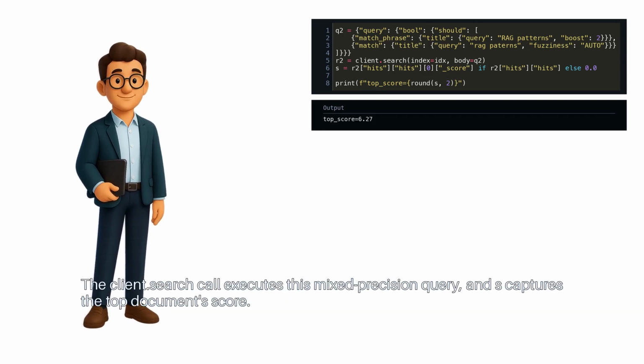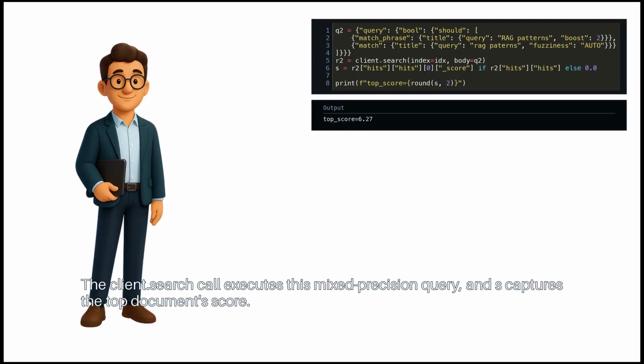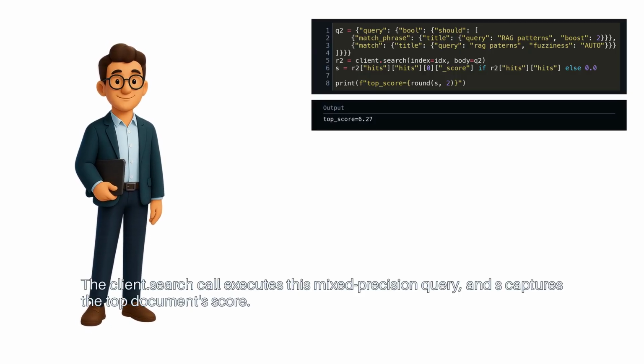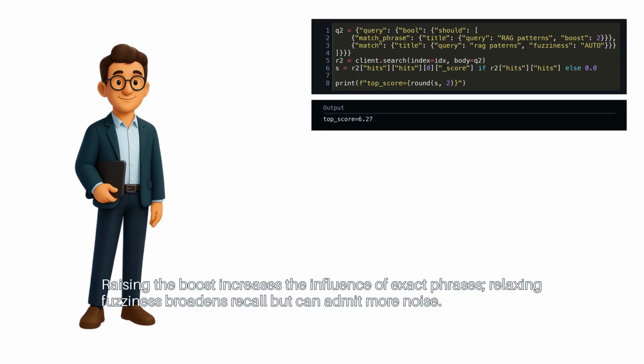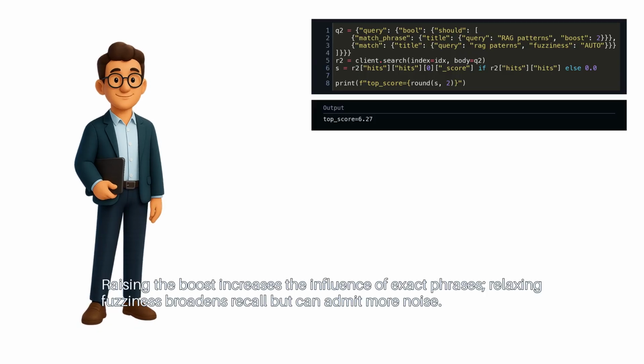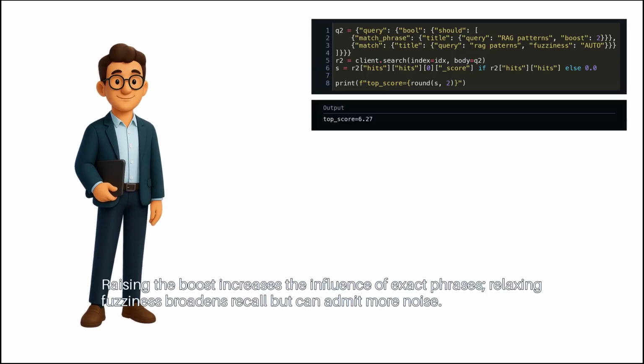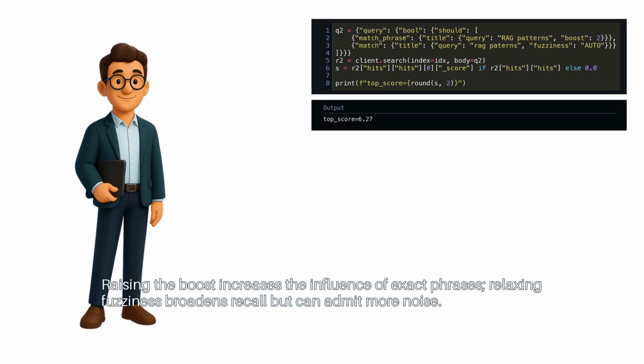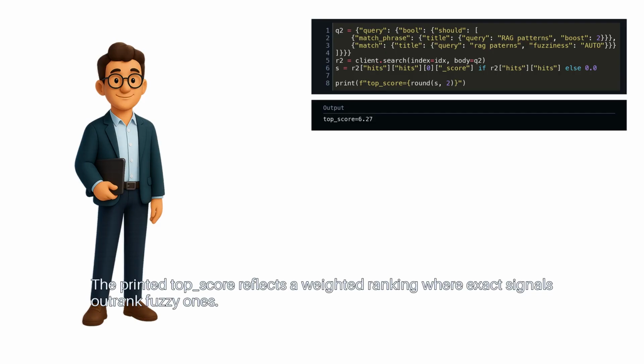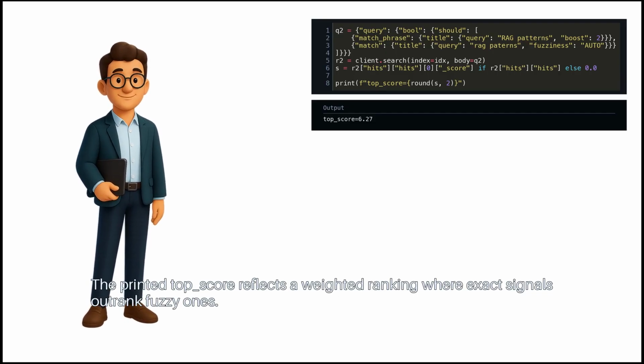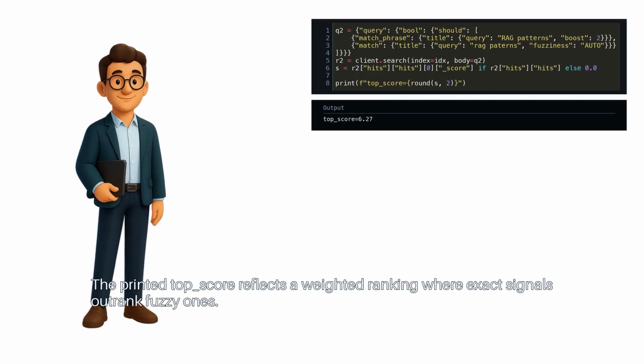The client.search call executes this mixed precision query and S captures the top document score. Raising the boost increases the influence of exact phrases. Relaxing fuzziness broadens recall but can admit more noise. The printed top score reflects a weighted ranking where exact signals outrank fuzzy ones.